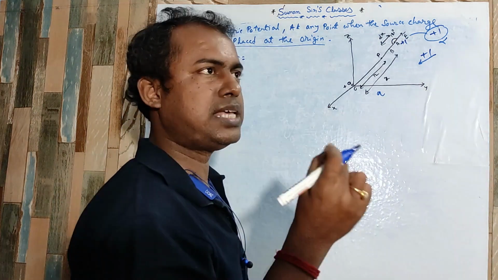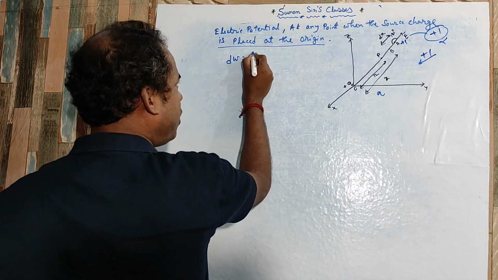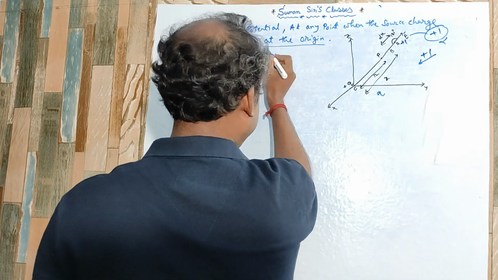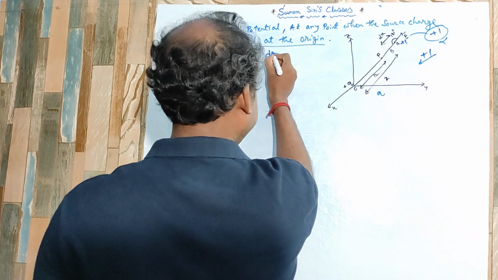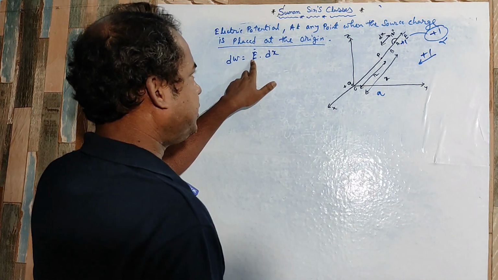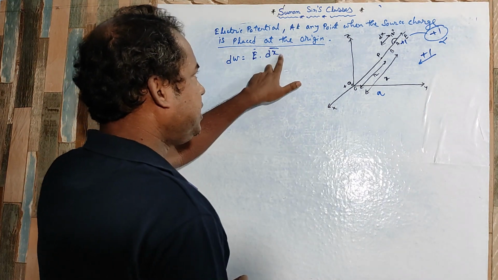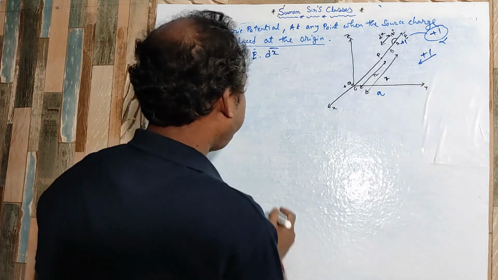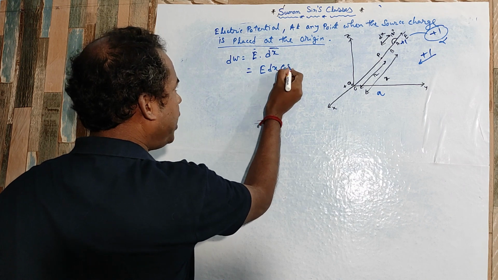So dw equals E times dx. The work done dw equals E dot dx, the total work done. Work done is a scalar quantity, so it may be written as E dx cos 180 degrees.